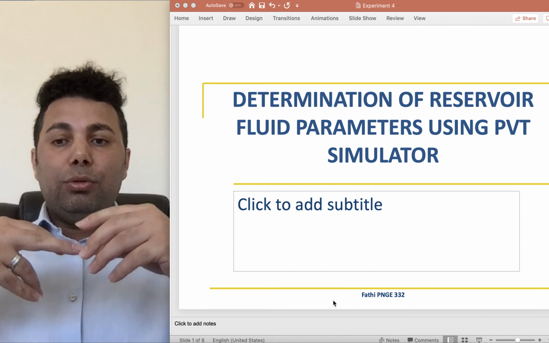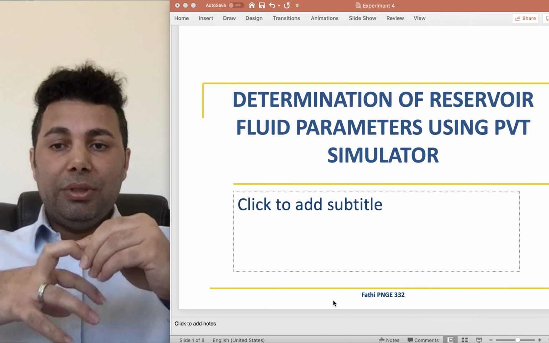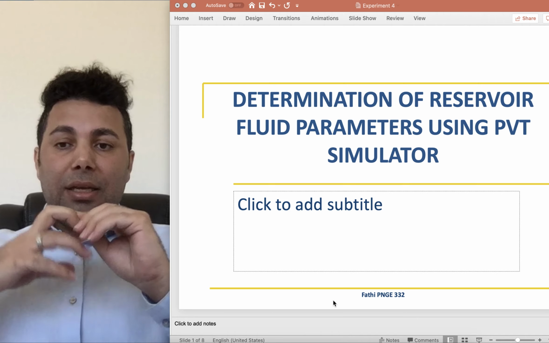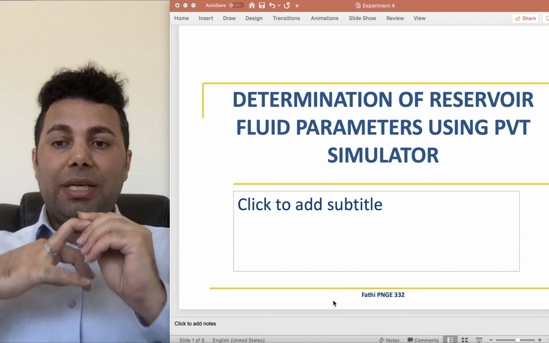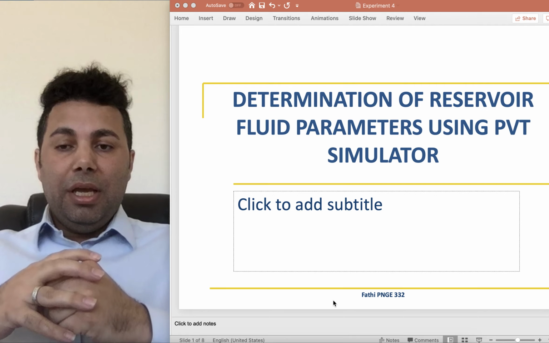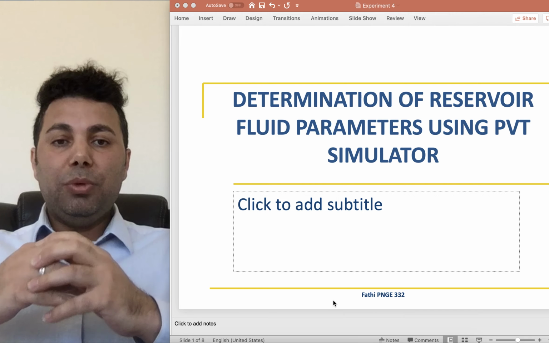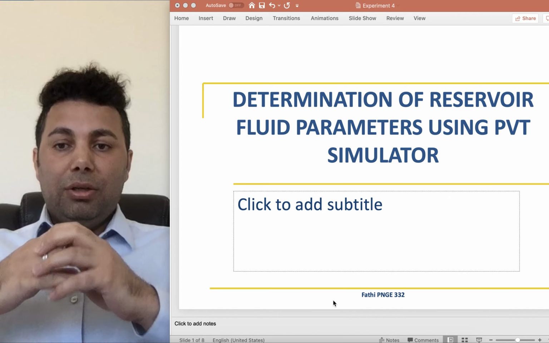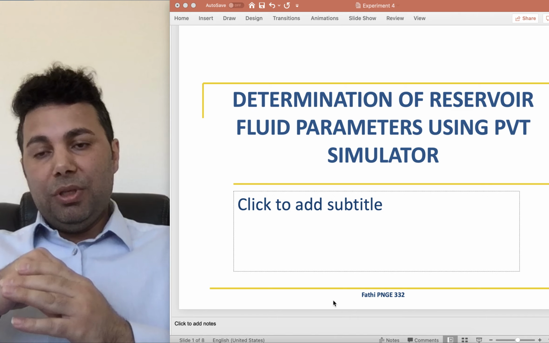And then we are going to perform the separator test, or what we call the liquid expansion test. And we are going to perform the differential vaporization test, or gas expansion test. I'll go over those, and then I'll show you how to combine these properties to come up with the hydrocarbon fluid properties from the reservoir condition all the way to atmospheric condition.